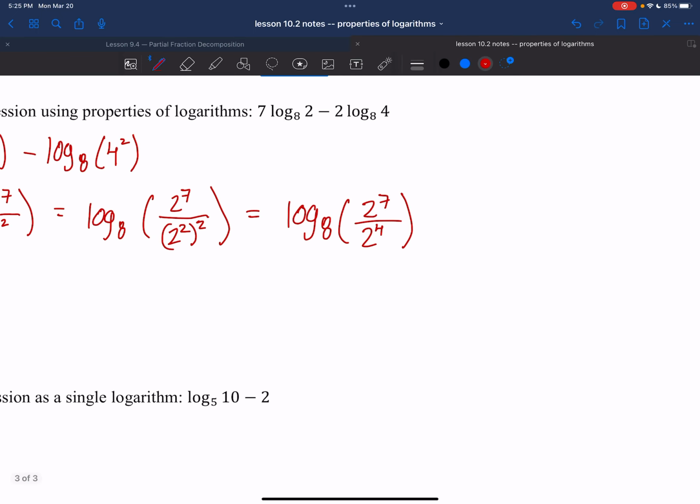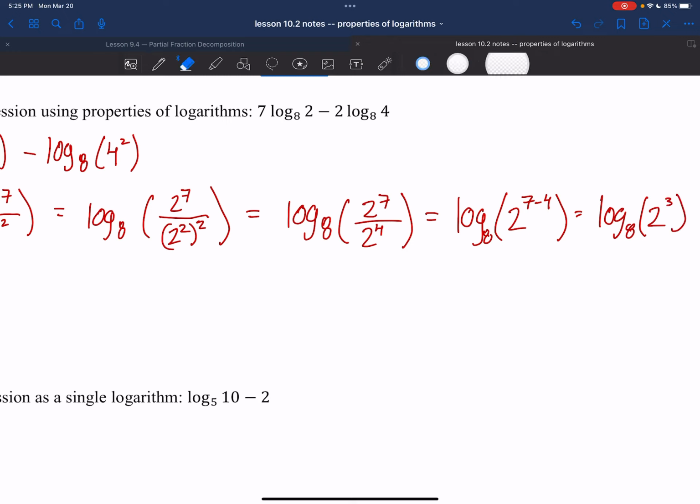And so now if I use my exponent rules, I'm going to subtract, this is log base 8. You see this is 2 to the power of 7 minus 4. I'm going to just write that out so you can really see it. What is Mr. Spig doing here? This is an exponent rule, by the way. That's not a log rule, that's exponents. Equals log base 8 of 2 cubed.